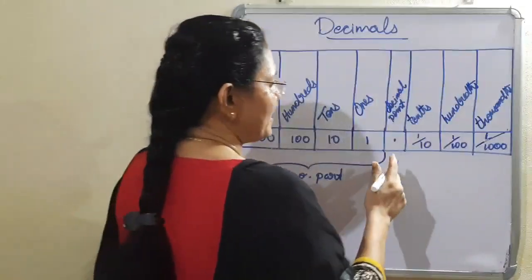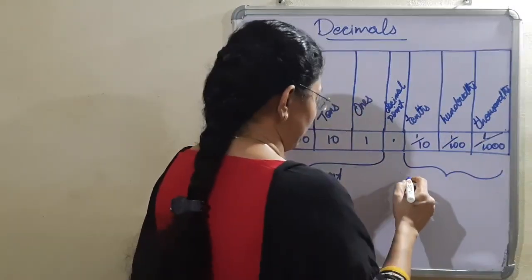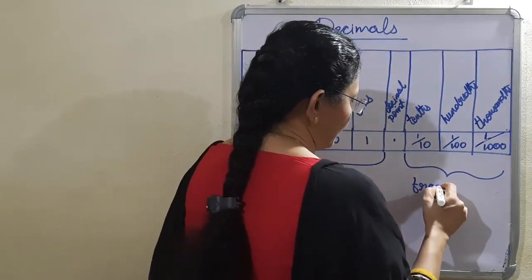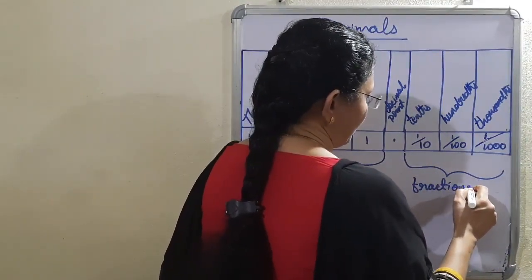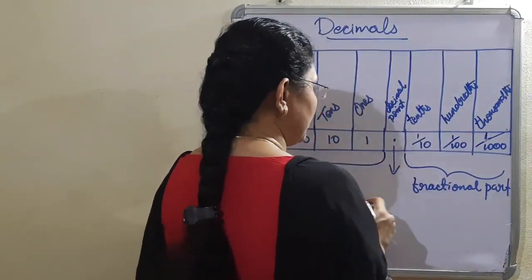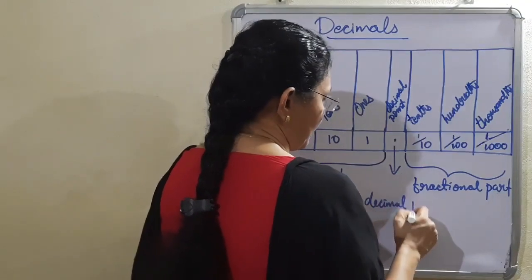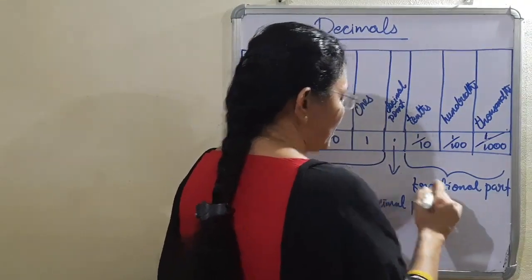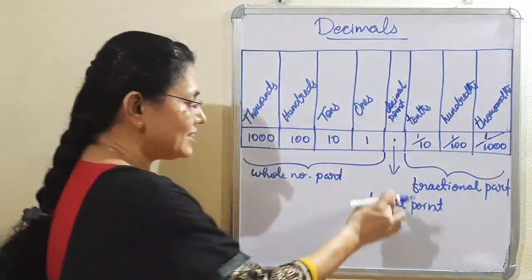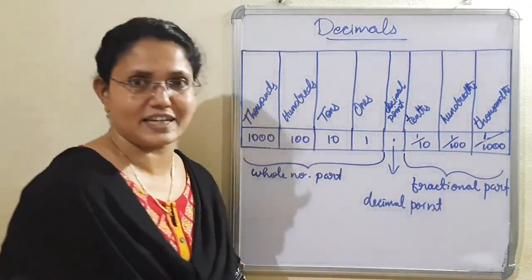Then the decimal point is the second part, and the third is the fractional part. Now look here, the decimal point separates the whole number part and the fractional part.